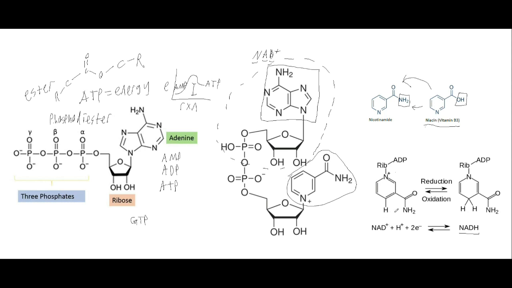So no plus because we don't have a charge, and H because we have added hydrogens onto this. One of the hydrogens is being added here, which pushes that double bond there, then pushes those electrons there. And that's why we end up with the double bonds here with this extra hydrogen down here and no charge on our nitrogen.